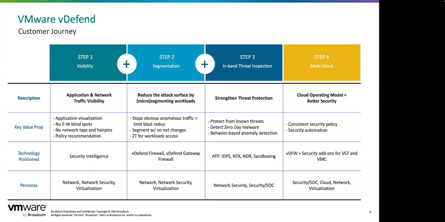Or as an organization, you might feel like there could be a compromise going on now, and so you start at step three to get an idea if there is anything malicious going on. As an organization, you may not have any business plans to get into a VMware cloud on a hyperscaler, and so step four would not be something that you reach. So you can mix and match between these different steps as you see fit for your organization.